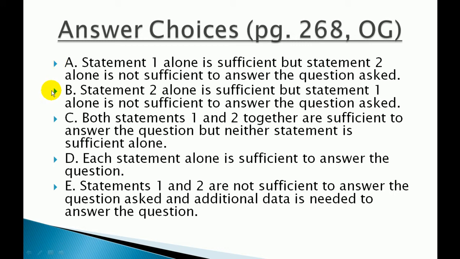Answer choice B is that statement 2 alone is sufficient, but statement 1 alone is not sufficient to answer the question asked. Answer choice C is that both statements together are sufficient to answer the question. Answer choice D is that each statement alone is sufficient to answer the question. And answer choice E is that statements 1 and 2 are not sufficient to answer the question.